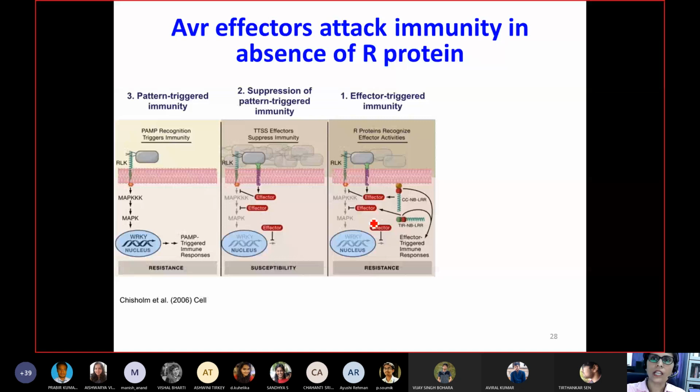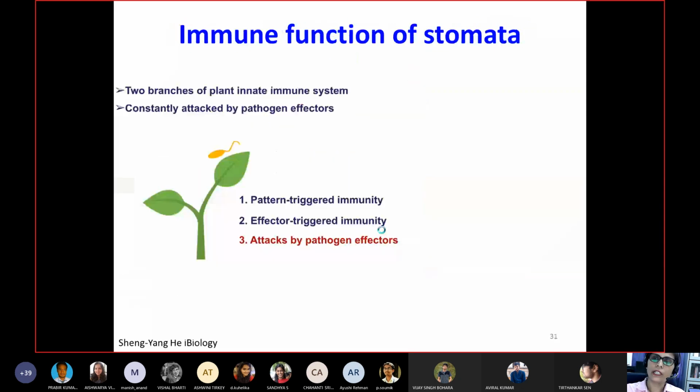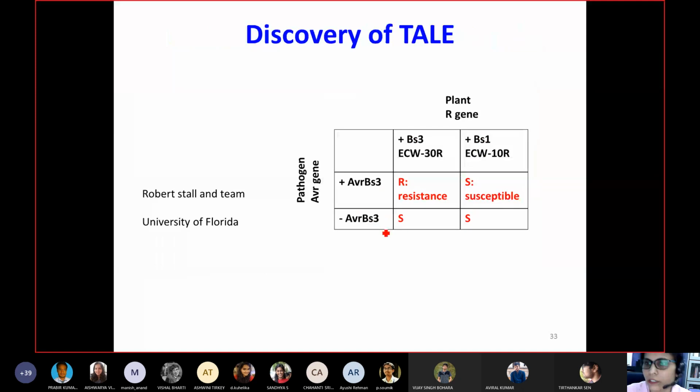We have seen this, and what we were talking about in the last lecture is that Professor Robert Stall at the University of Florida created a plant with a resistance gene, that is Bs3, and infected it with the AvrBs3 avirulence gene, and that gave him the resistant plant. Other plants which contain other kinds of resistance genes were not resistant, and by doing so he was able to take out the sequence.